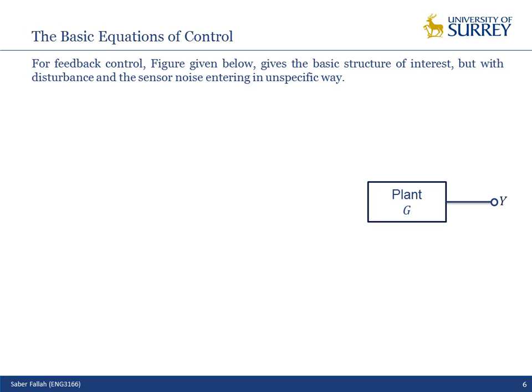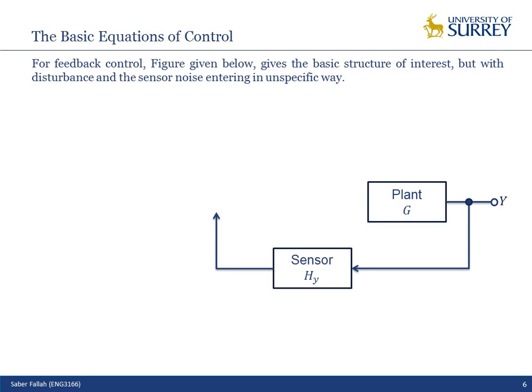We would like to have a desirable response, and to measure that, we need a sensor. The sensor takes feedback from the output of the system. The output of the sensor is just a response. We need to justify the response, to see if it is okay or not. We need to compare it with something.